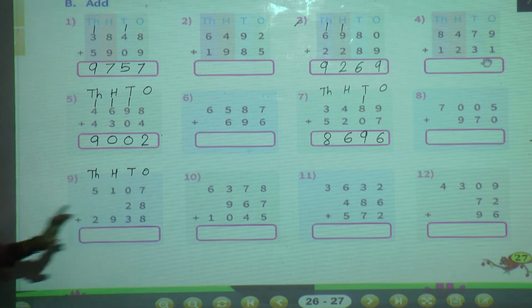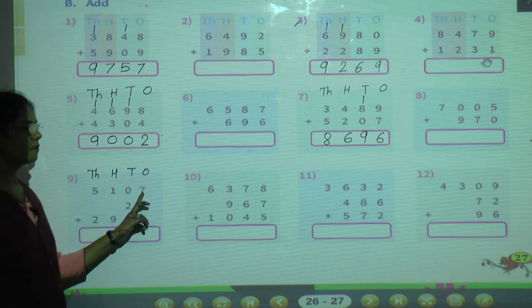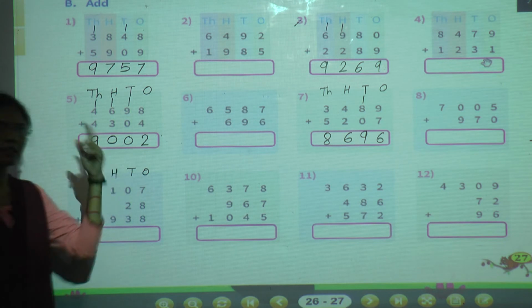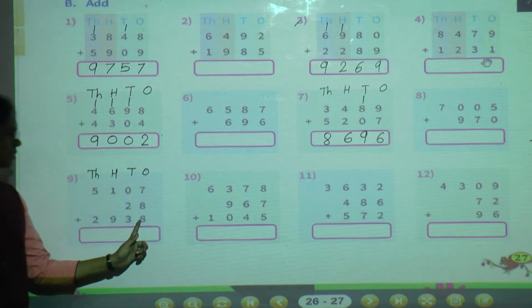Now see the ones place digit. There are 7 ones plus 8 ones plus 8 ones. So 7 plus 8, do the addition. 7 plus 8, yes, 15. Now this 15 keep in your mind, and plus 8 is there.